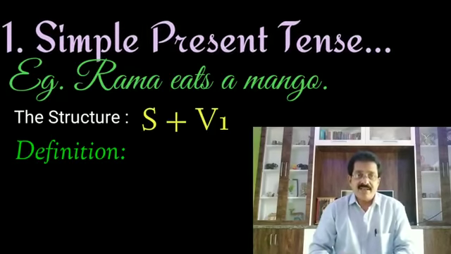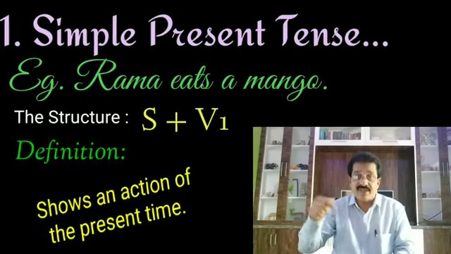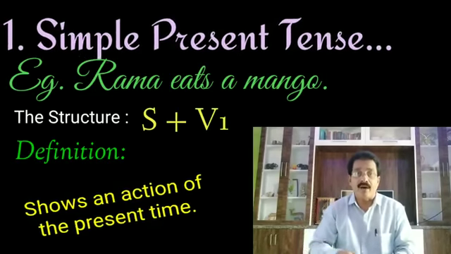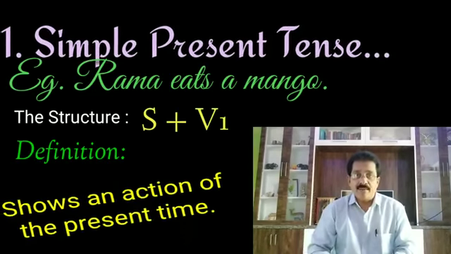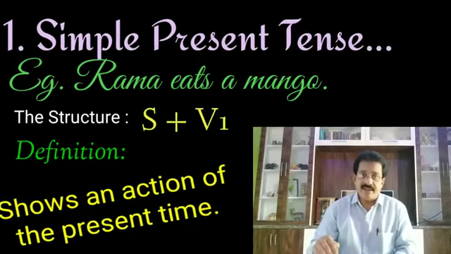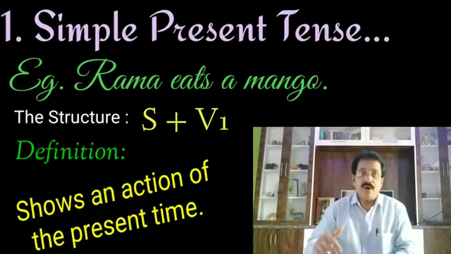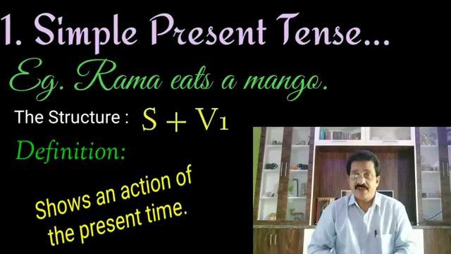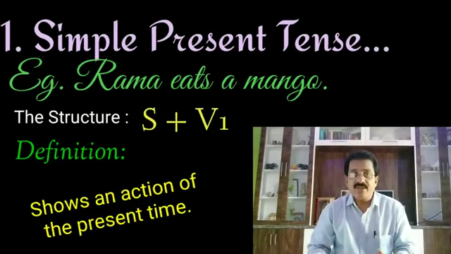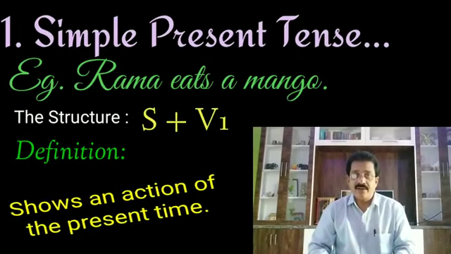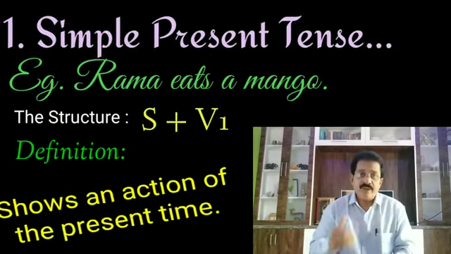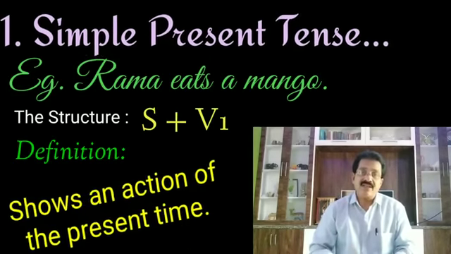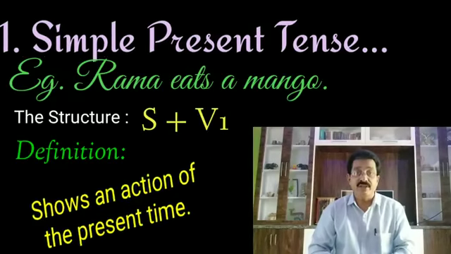Simple present tense shows an action of the present or the now, but the complication is that it does not say whether the action is continuing or completed. So simple present tense shows an action of the present time without telling whether the action is completed or continuing.